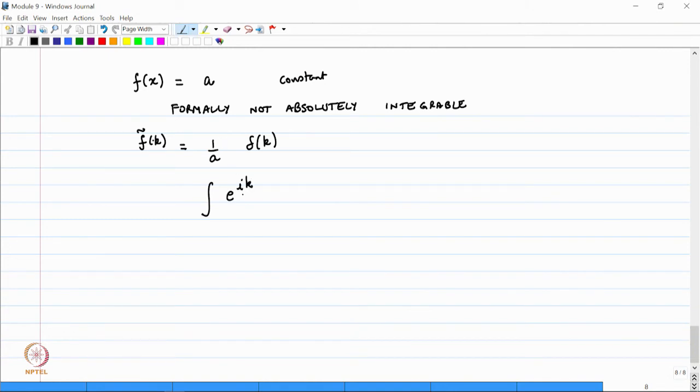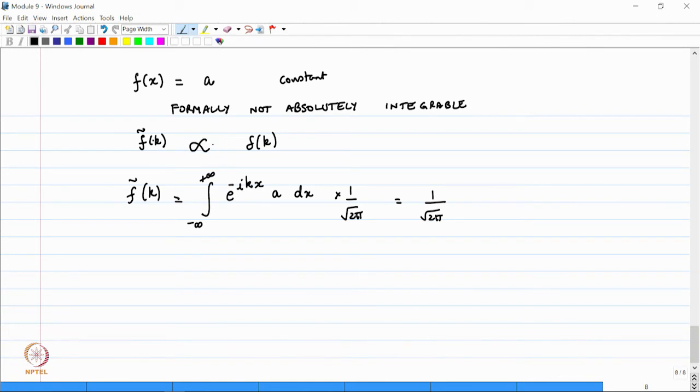Let us work this out. f tilde of k is equal to the integral of e to the i k minus i k x times a dx from minus infinity to plus infinity, with a factor of 1 over square root of 2 pi.